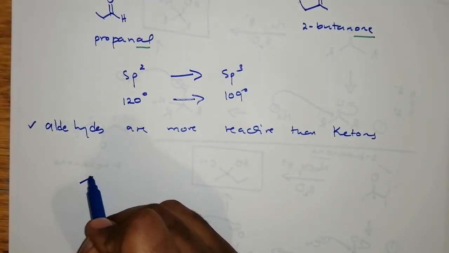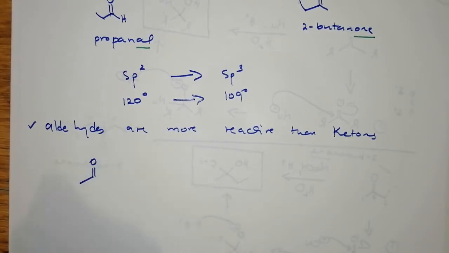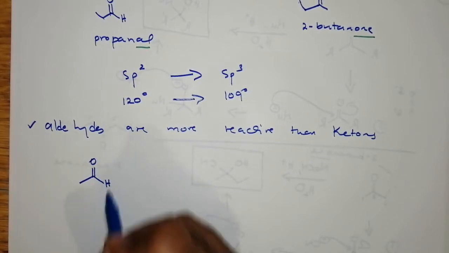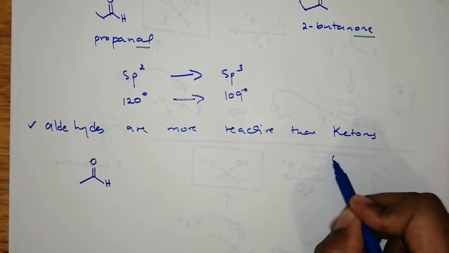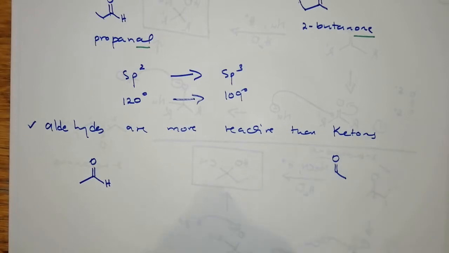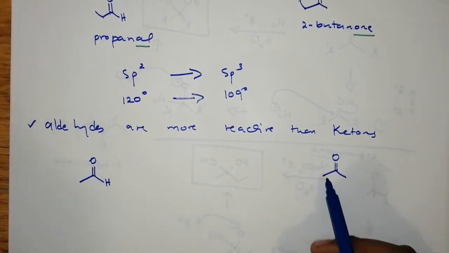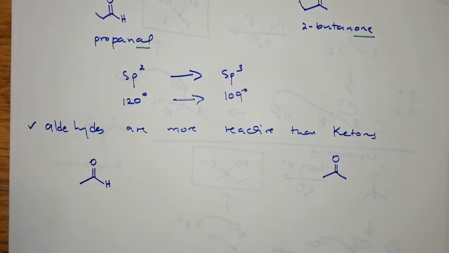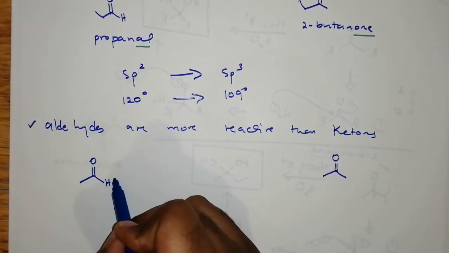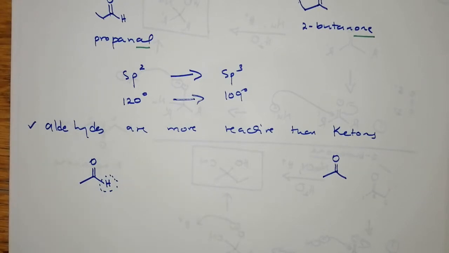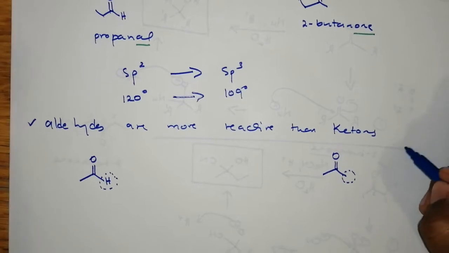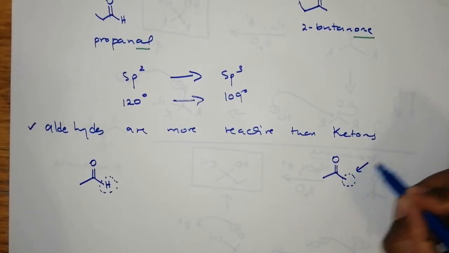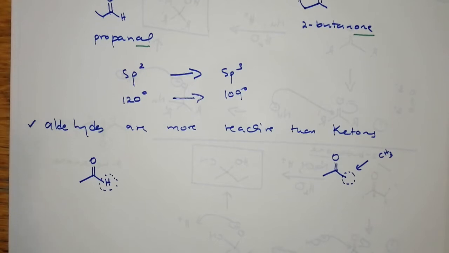Okay, so basically let's look at why aldehydes are more reactive than ketones. So we have our carbonyl right here, and then hydrogen here. And then here we've got an alkyl group, and let's say our molecules are like this. So just take note that this is hydrogen versus CH3. Just take note, guys, that here it's CH3.